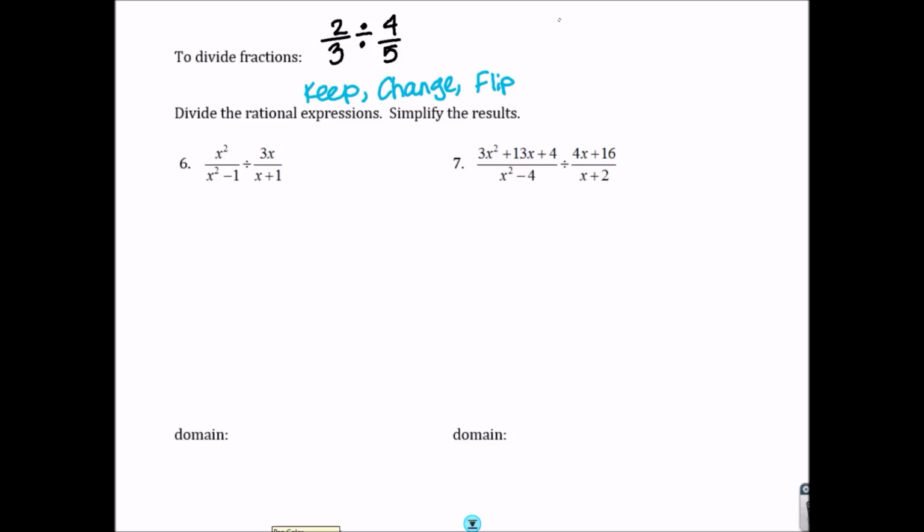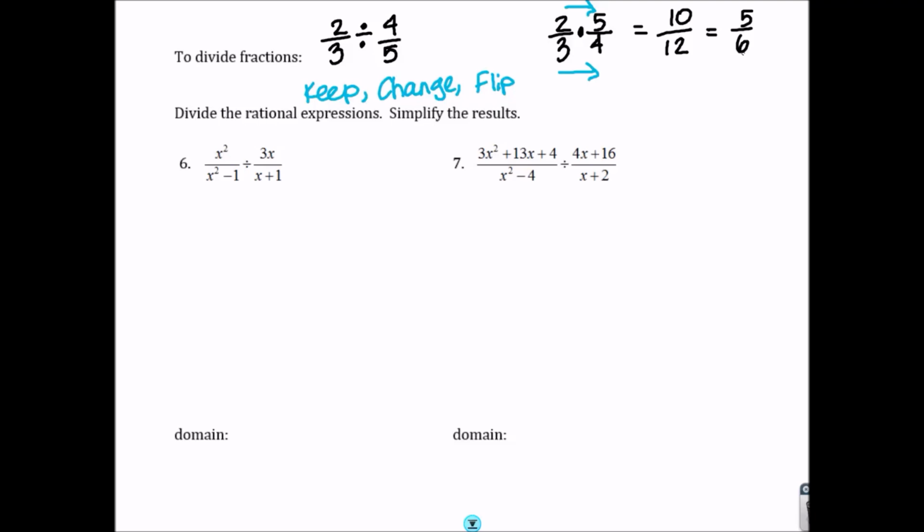You keep the first fraction the same, you change the division to multiplication, and you flip the second fraction. Then you just have a multiplication problem, which we already know how to do. You just multiply the numerators together and multiply the denominators together. And you end up with, in this case, 10/12, which can be reduced to 5/6.